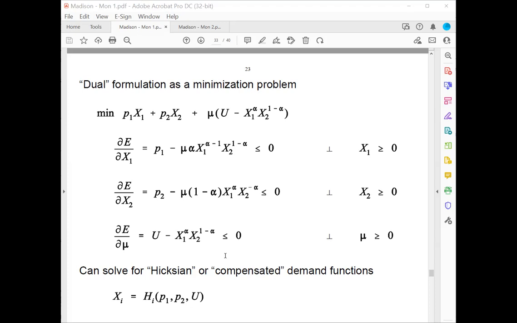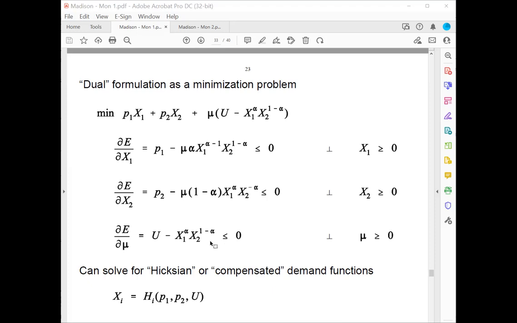And I think you'll see in a few minutes that this can turn out to be quite useful in a general equilibrium model because it allows you to compute, whereas utility is being held constant here for the consumer, it's endogenous in the general equilibrium model.